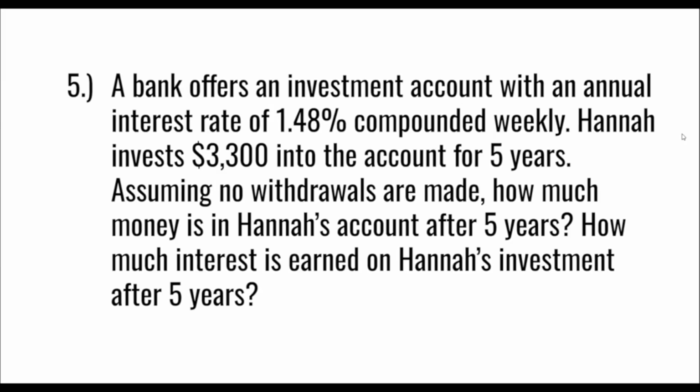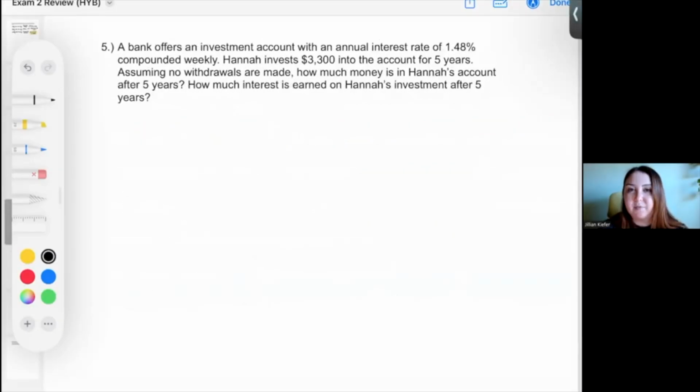So using all the information here, we have a certain amount of times compounded, we have the rate, we have a principal, we have a time. So this will be our compound interest formula. Just finding the amount of time based on all of these aspects that we would gain over, in this case, 5 years. All right, let's go ahead and work this one out. Like we said before, this problem is going to use our compound interest formula.